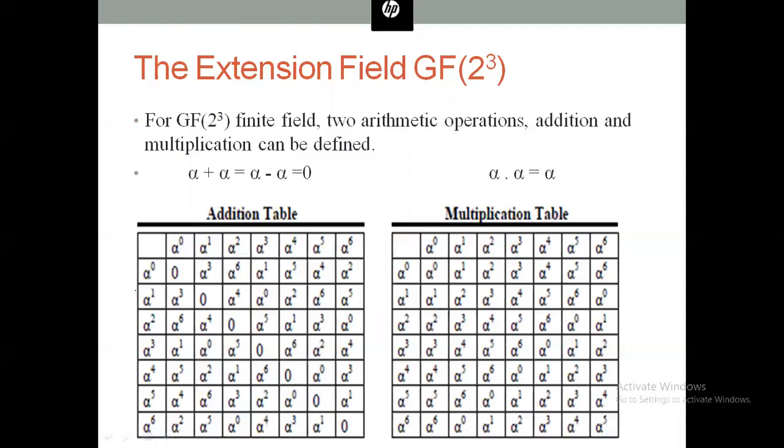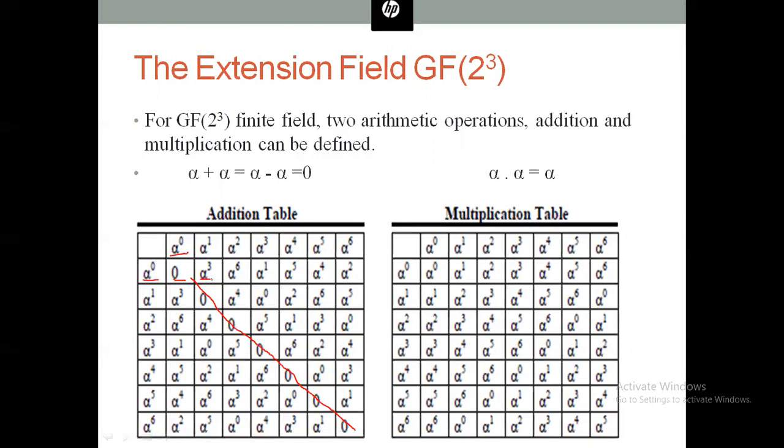For example, if we sum up the same values, we get the answer zero, and you can check this diagonally. And alpha naught plus alpha, that is 1 plus alpha, gives you alpha 3.